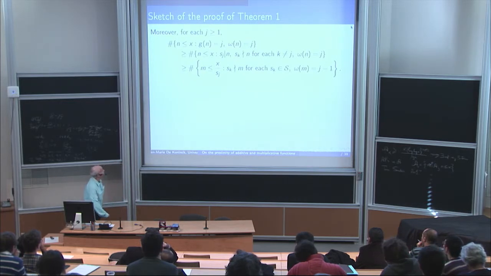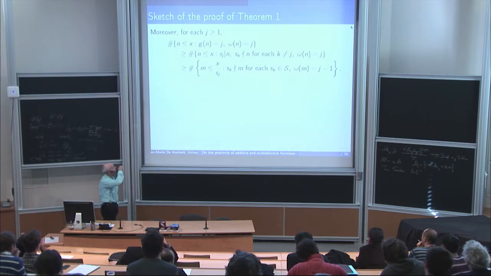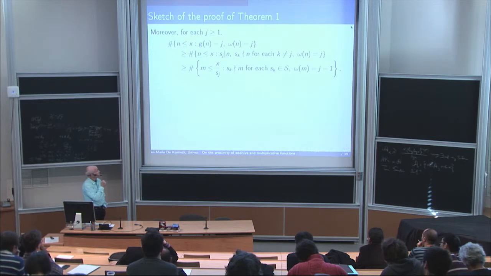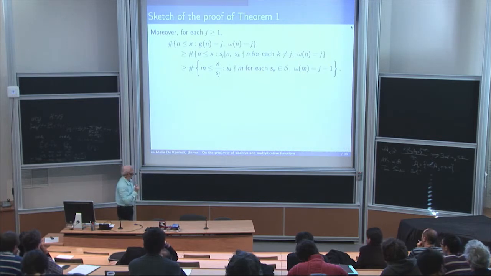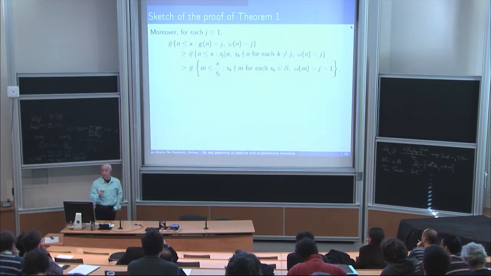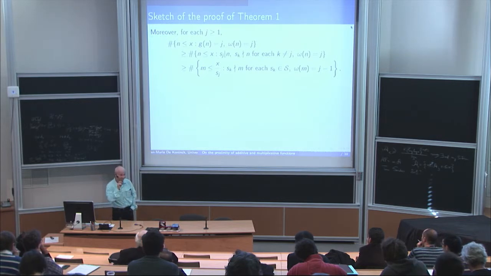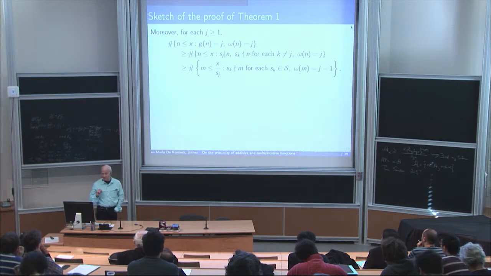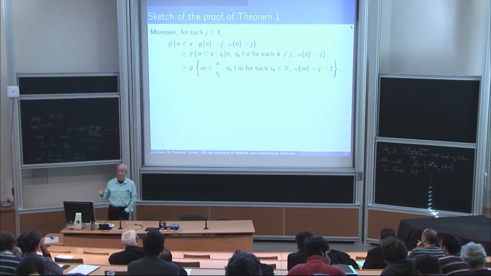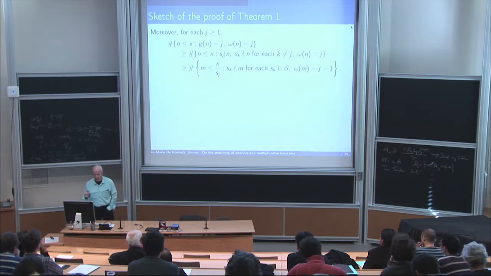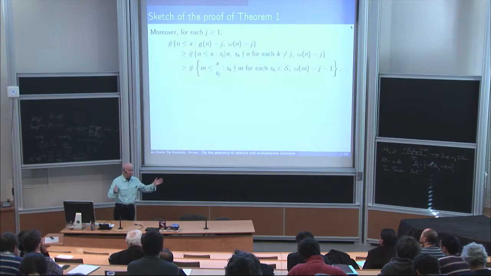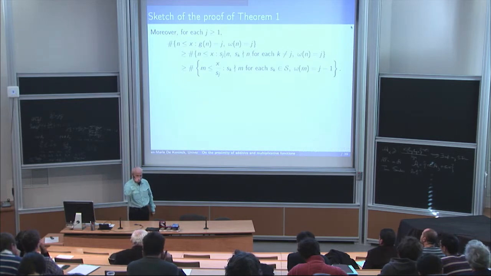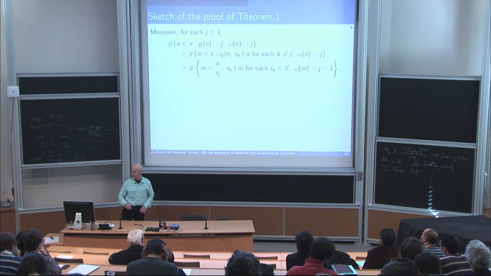Certainly, for each fixed j, the number of elements in that set is bigger than if I pick some elements n less than or equal to x which are divisible by S_j, the jth prime in that big set of primes, but which has no other divisors belonging to S. So when you look at the factorization, it's just got one of those candidates. It's got to be that jth one and no others.